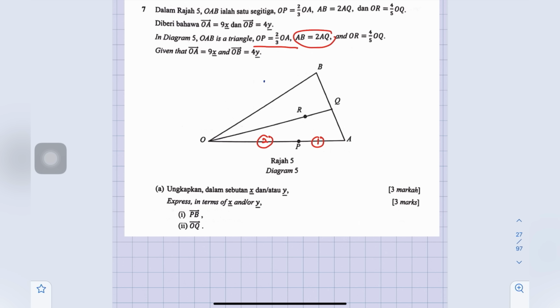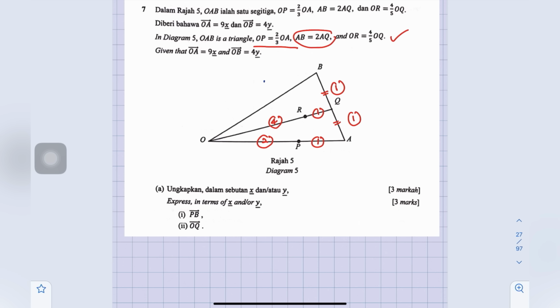So Q is the midpoint, so 1, 1. And OR equals 4 over 5 OQ. So OR is 4, OQ is 5, so RQ is 1.